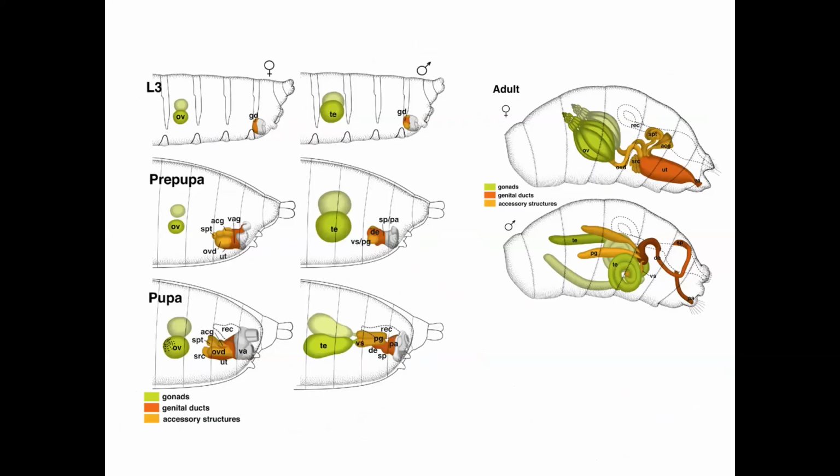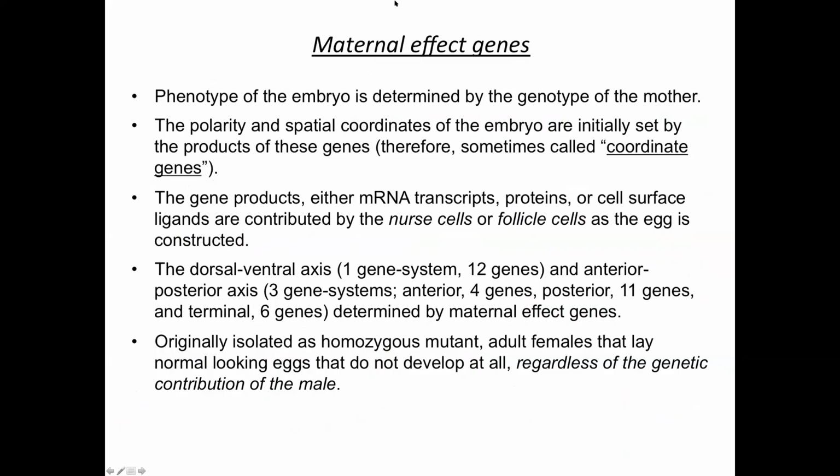So what I will start next class is how the embryo gets defined and determined, and how the maternally laid mRNAs and the proteins, like I mentioned, are going to be very important for the early rounds of cellular division. We'll pick it up from there.